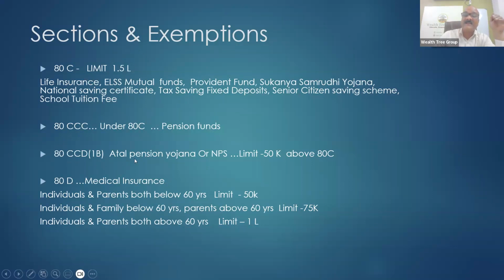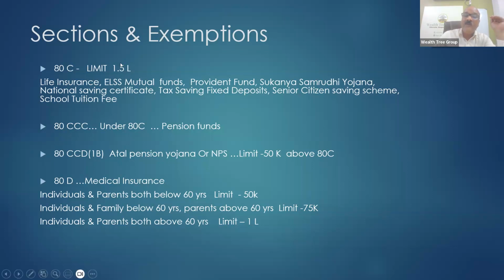But there is another section where you can get 50,000 more exemption apart from 80C, that is 1.5 lakhs. You can get 50,000 more exemption in 80CCD(1B), that is Atal Pension Yojana or National Pension Scheme. So if you opt for it, you can get 50,000 extra. That means you can get up to 2 lakhs.